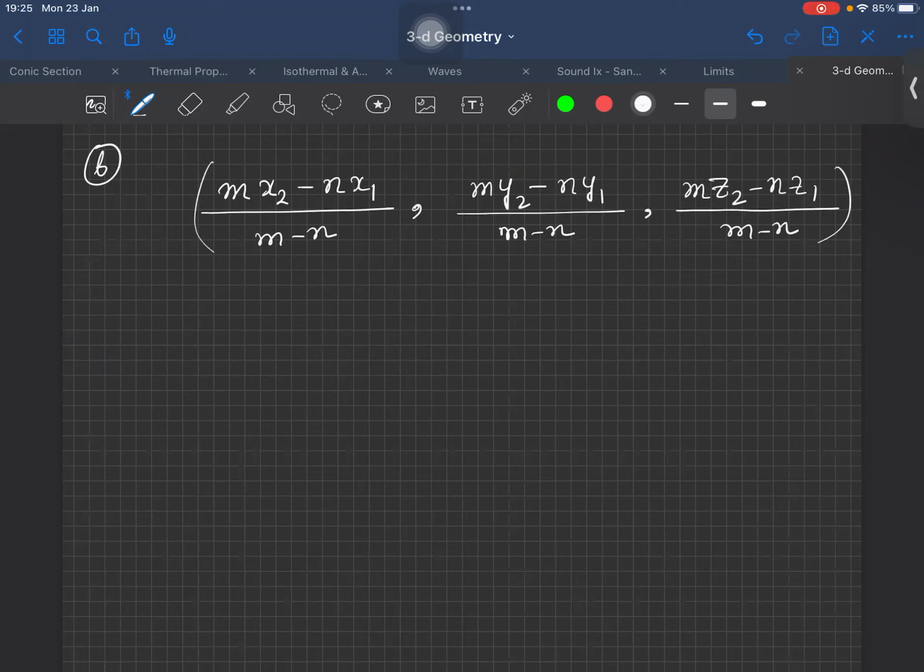That's how we find the x, y, and z coordinates if the division is external.